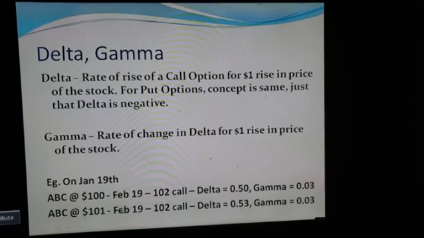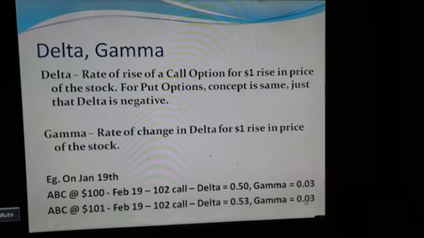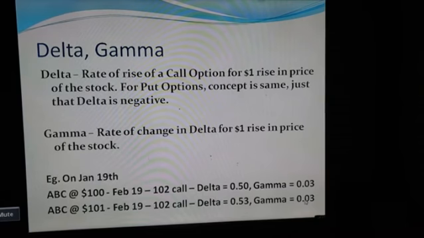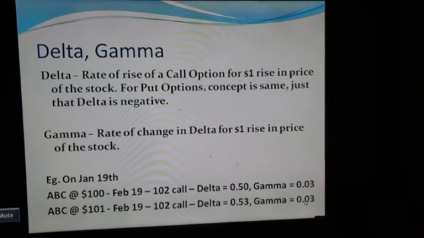If after 1 hour the stock price rises to 101, for the same contract the delta is now 0.53 because the gamma has been added to the delta, and the gamma remains the same. The gamma will rise only when the stock rises by 2 or 3%. Then there will be a significant change in gamma.